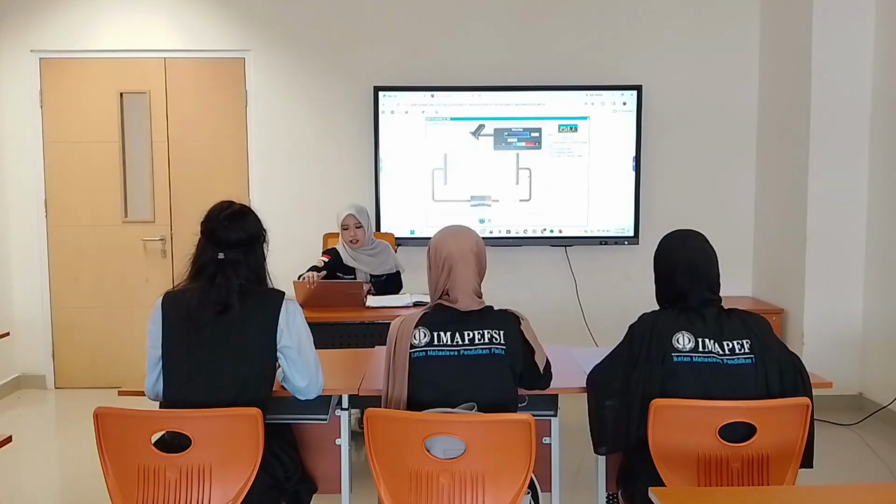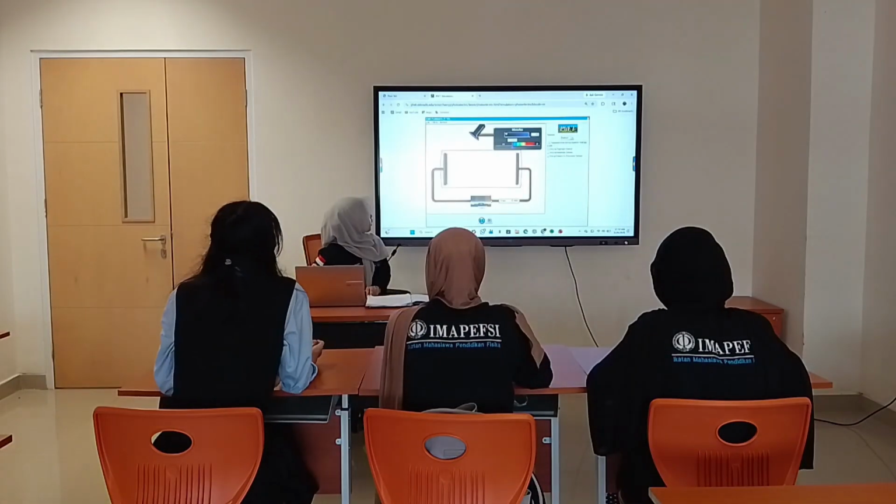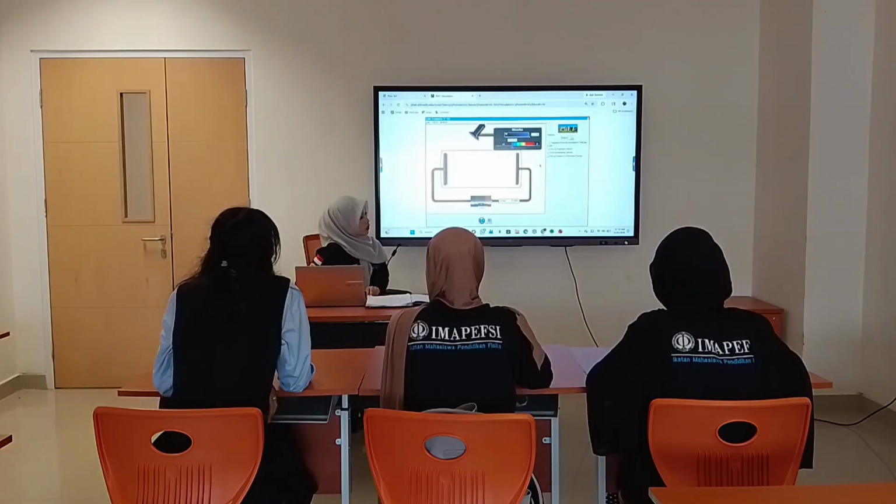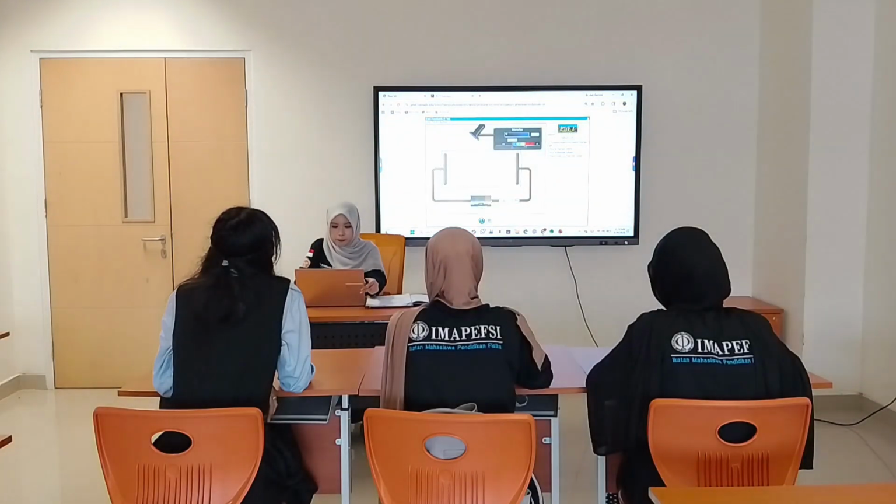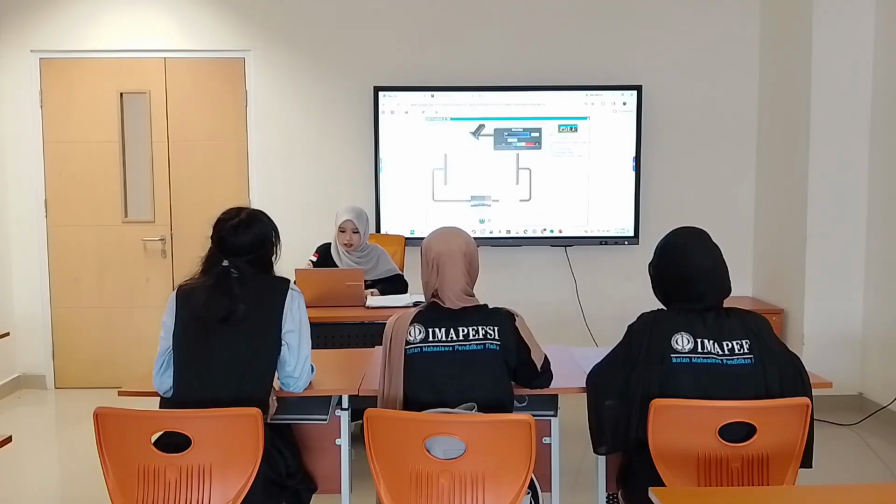Here are the two metals that we talked about before. This is the cathode and this is the anode. I'm going to set the wavelength to 425 nanometers.